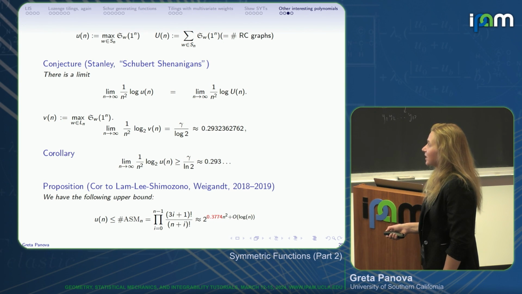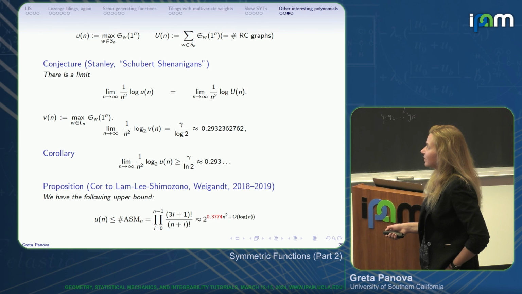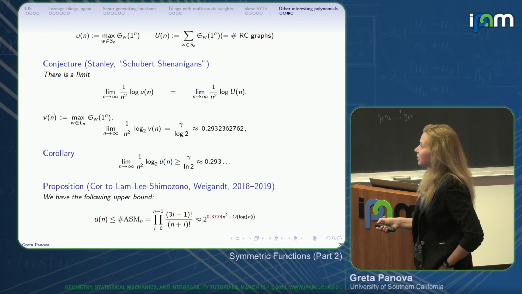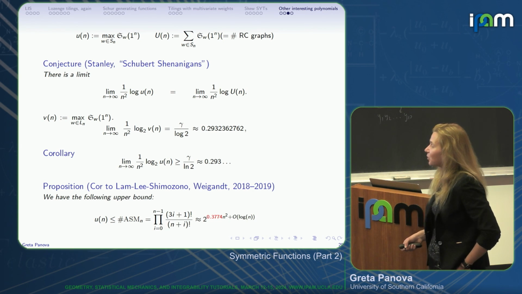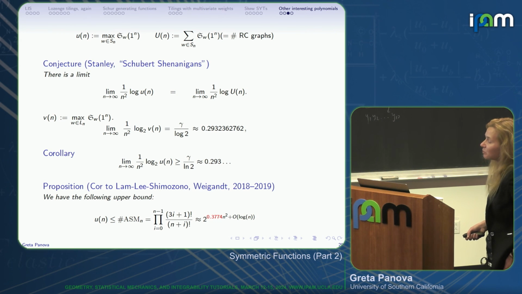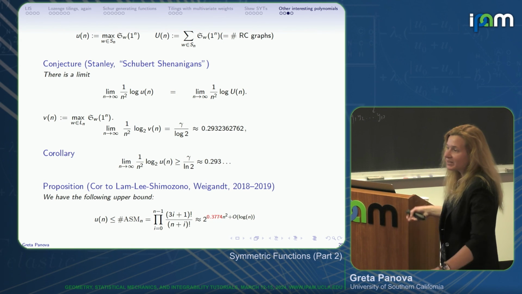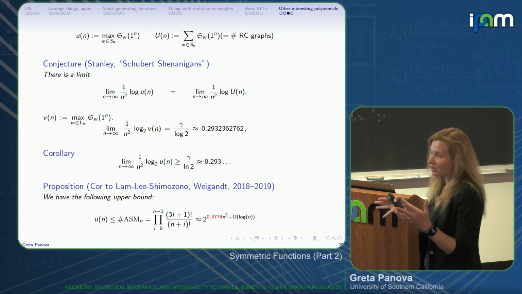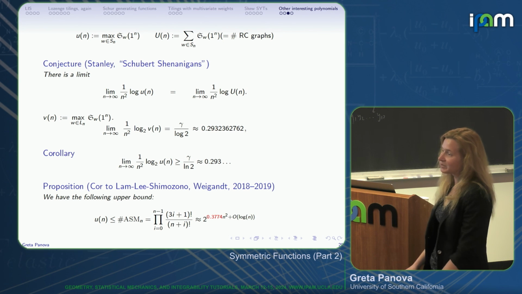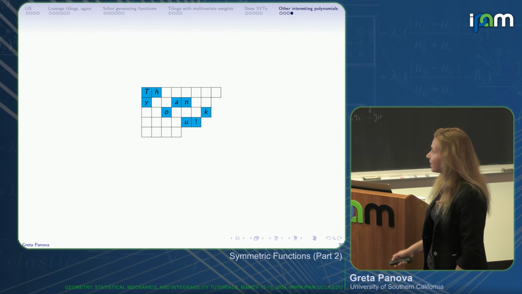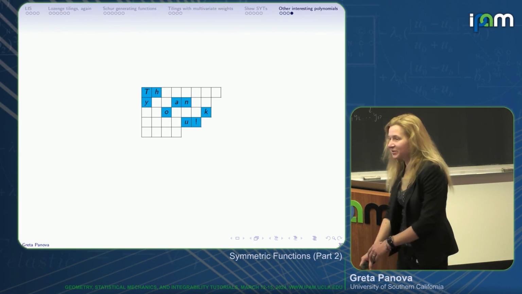Don't ask me exactly why, but it's bounded above by that, so we have an exponent 0.3 whatever. So this thing lives between 0.29 something and 0.377, and does a constant at least exist? Can we say it converges? It's an open problem. That's it. Thank you.